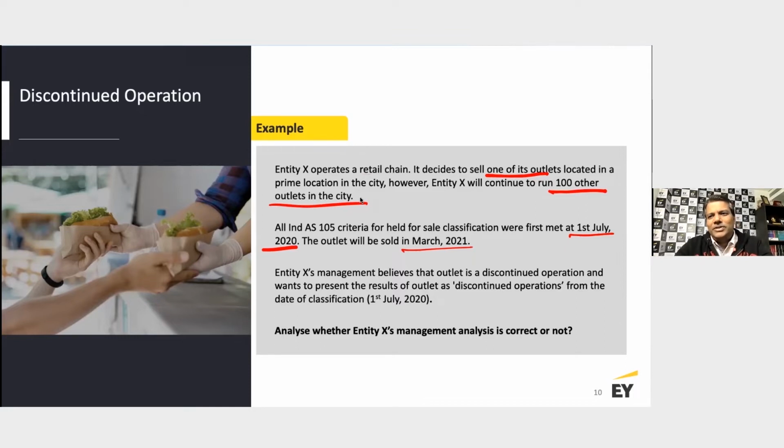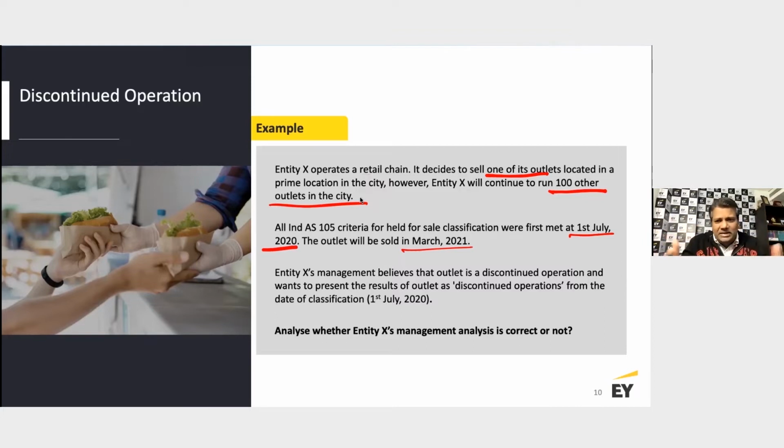You have 101 retail outlets in a city, and out of that, you're going to sell one good prime location. So what? This does not represent a separate major line of business or a geographical area of operations. Now, if you were to tell me you're going to dispose of all the outlets you have in the city, then I can possibly think, does this represent a major geographical area of operation?